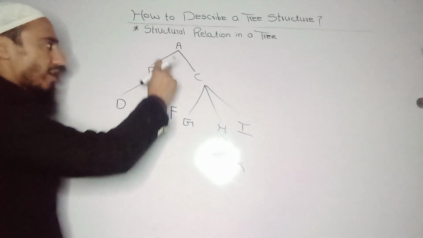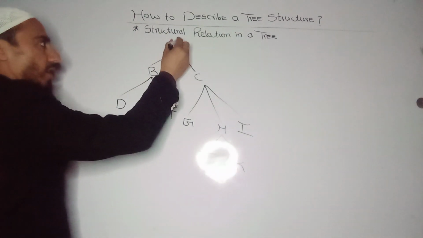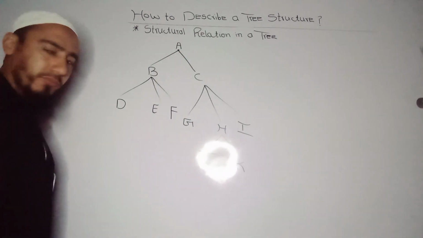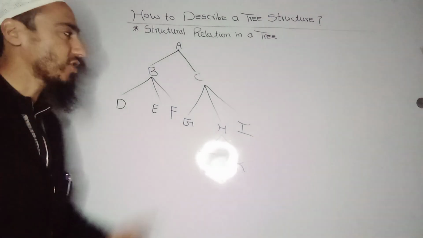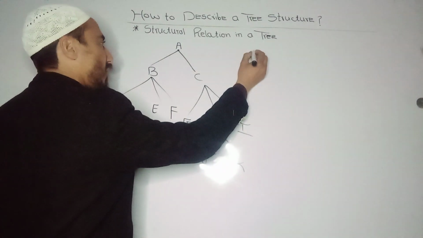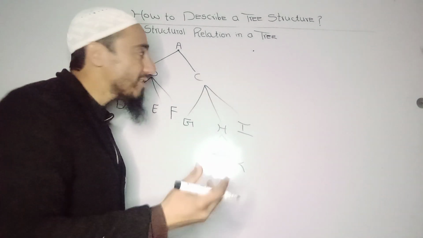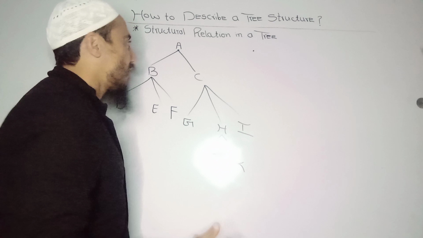For example, you see here we have a node. Fine. So from this position I start the tree diagram. This is a position where I'm going to start my tree diagram.